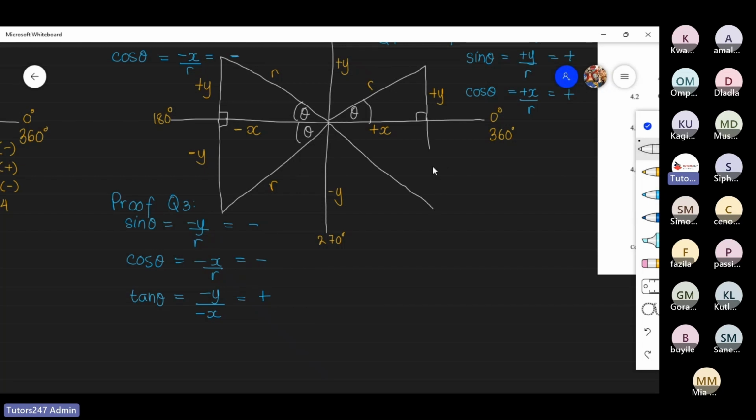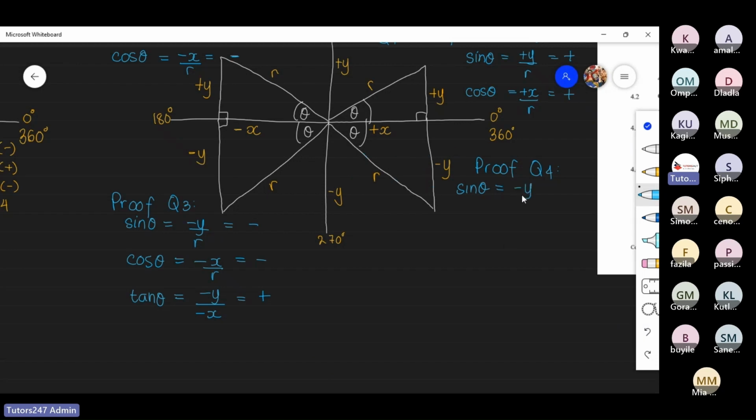Now, lastly, within our fourth quadrant, we've got our last triangle that we are going to use. This is going to be r, this is going to be minus y, and we have a positive adjacent in this case. So let us prove quadrant 4. Here we're starting with sine of theta equals our opposite, which is negative y, over our hypotenuse.